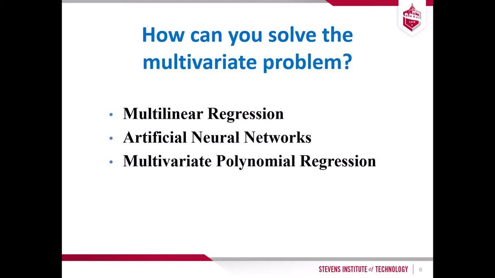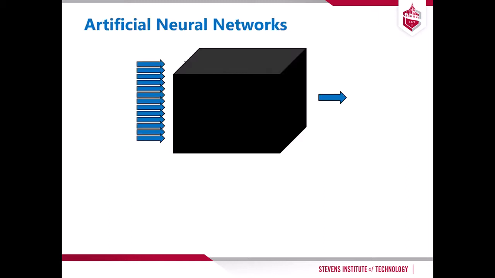Many are also familiar nowadays with artificial neural networks, which have quite a better capability, but have certain disadvantages. And what I'm proposing here is multivariate polynomial regression, which has almost all the advantages of both of these, and also avoids most of the drawbacks of both of them at the same time.